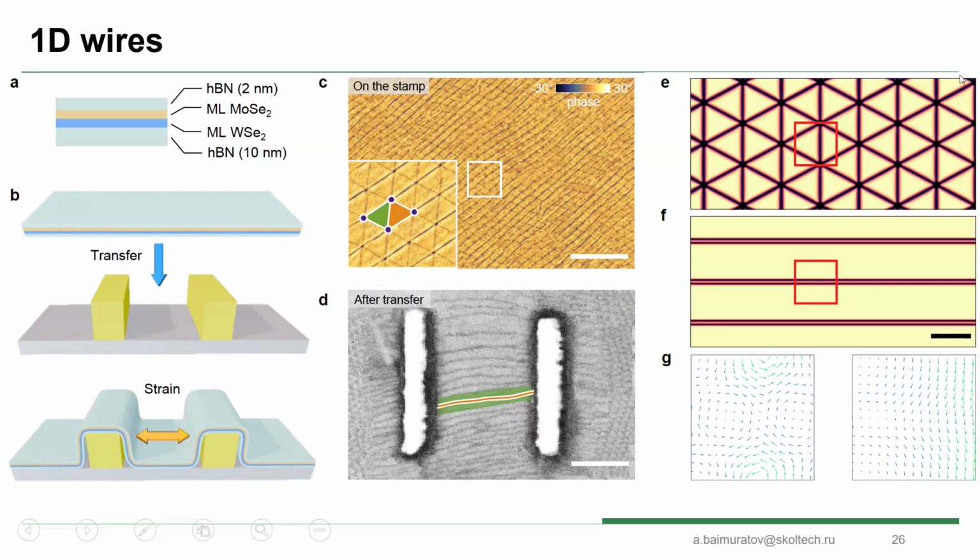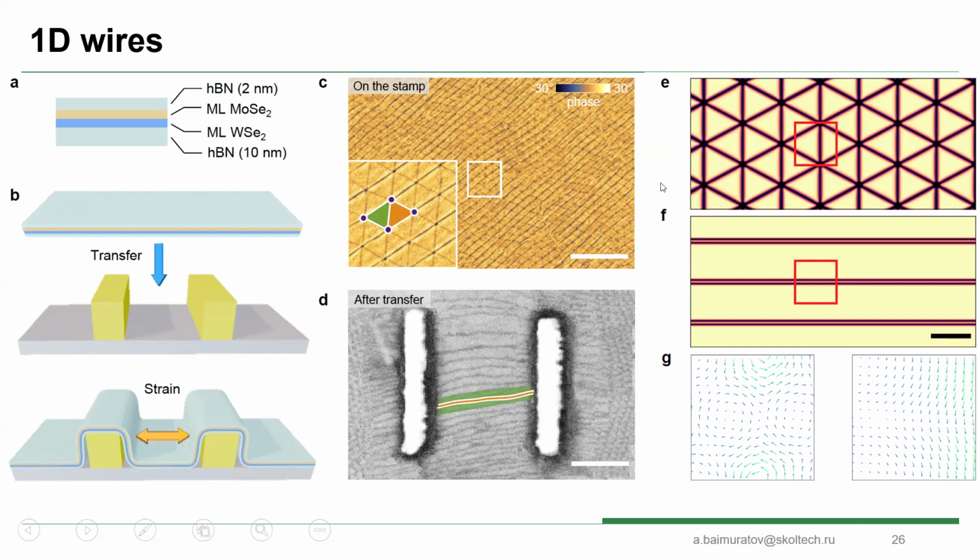And we calculate that if we have this strain, this reconstruction picture will be less optimal than this. The system starts from this kind of 2D triangular lattice, and it starts to be a 1D superlattice or 1D wires.